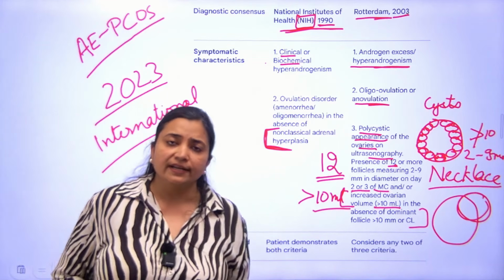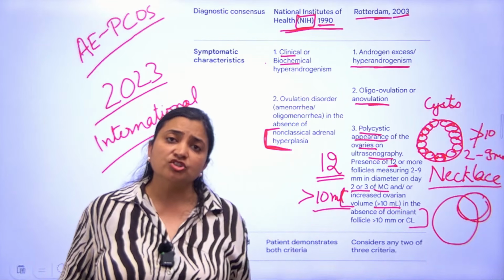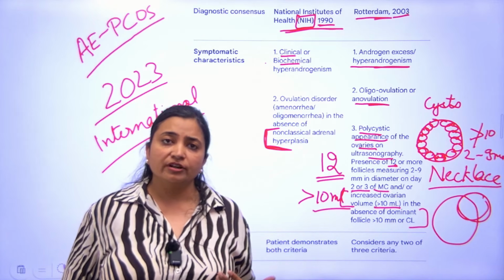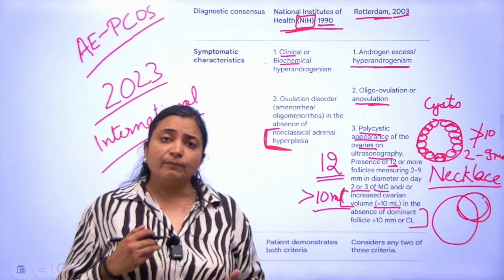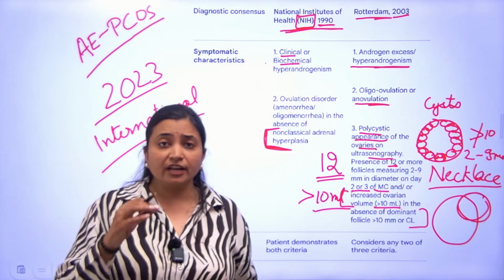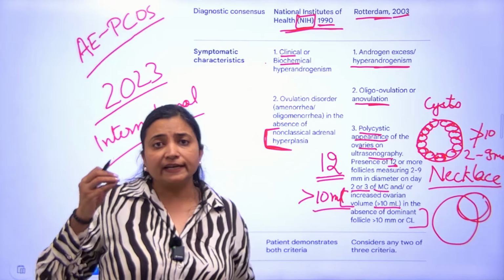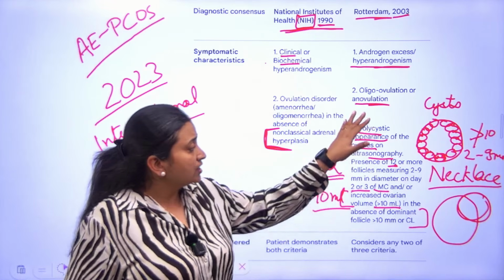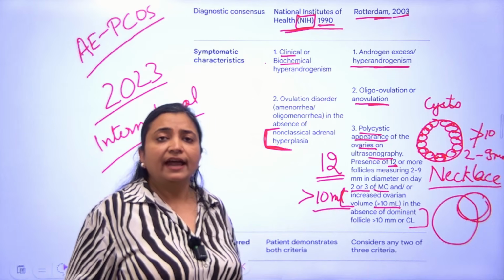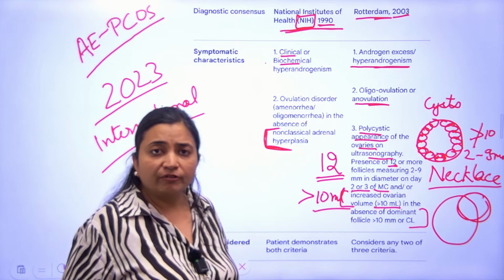But what happened next? Then we developed much better sonography machines. We developed transvaginal sonography machines. So with development of transvaginal sonography and better transducers, we were able to pick up more details of the ovaries. So this whole criteria got changed in 2023, and now they are labeled as modified Rotterdam criteria.